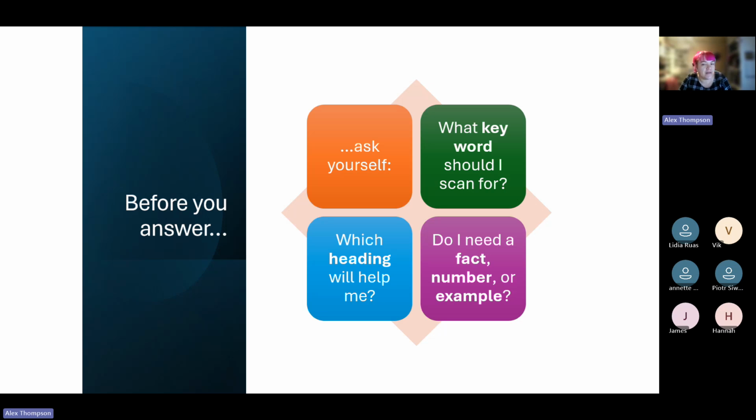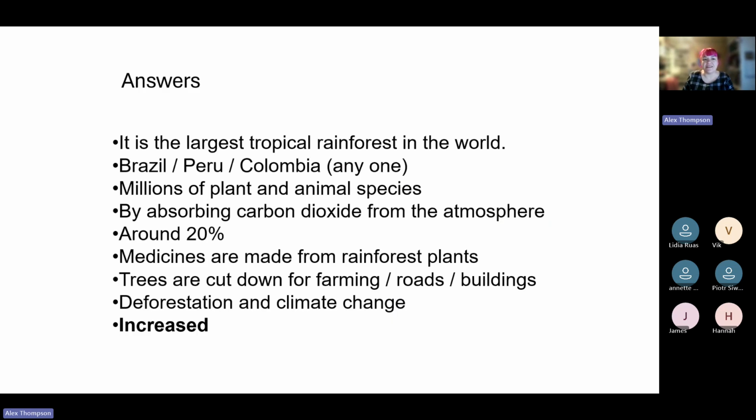Or am I looking for numbers or capital letters? Is there a specific heading that is going to help me? And do I need a fact, a number, or an example? And again, just in case any of you wanted to complete any of those questions yourself in your own time, I did put the answers on this last slide, just in case.